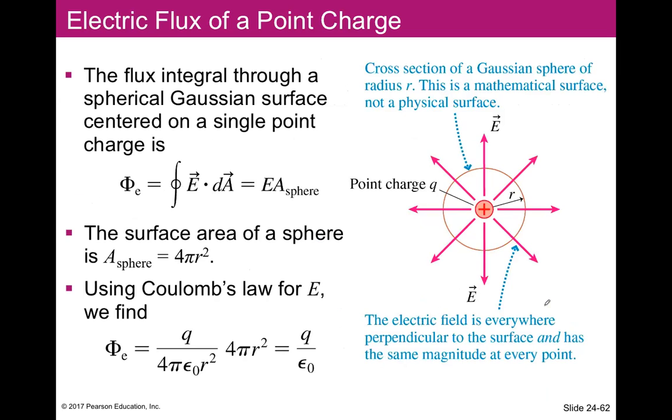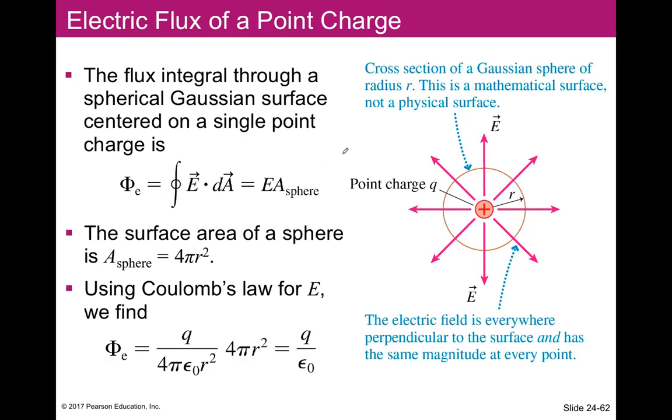Now let's do a calculation together. The flux integral through a spherical Gaussian surface, which is shown here, centered on a single point charge, is the surface integral of E dot dA.